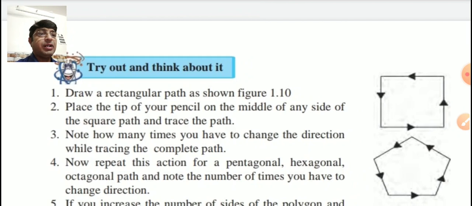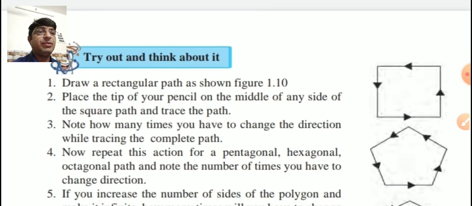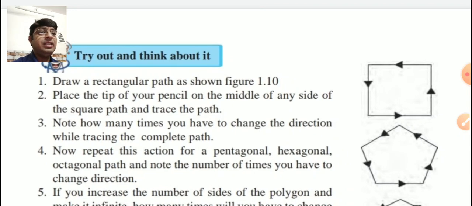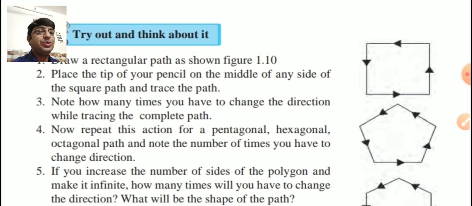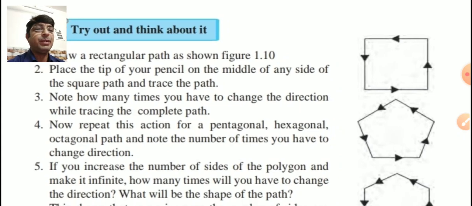Draw a rectangular path as shown in the figure. Place the tip of your pencil on the middle of any side of the square path and trace the path. Note how many times you have to change the direction while tracing the complete path.